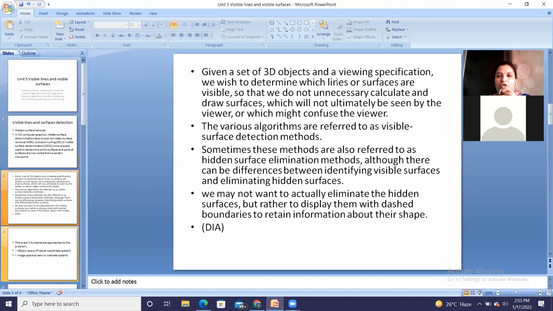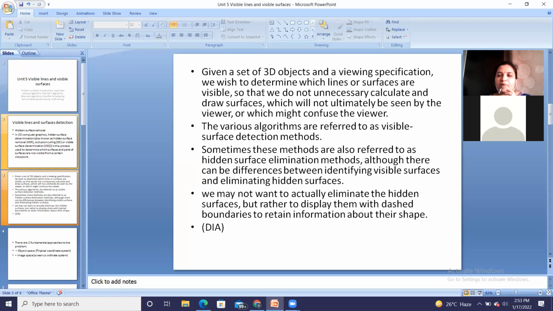Given a set of 3D objects and a viewing specification, we wish to determine which lines or surfaces are visible. So we have seen in the earlier example, given a set of 3D objects, we had considered two objects, a cone and a cylinder, and a viewing specification. So the viewing direction we have already considered.